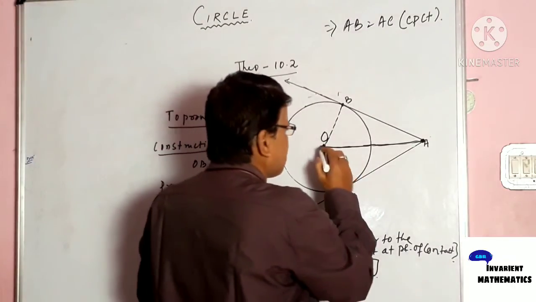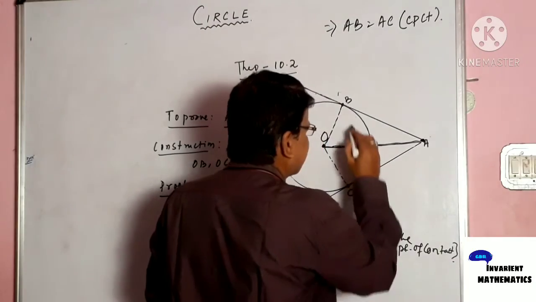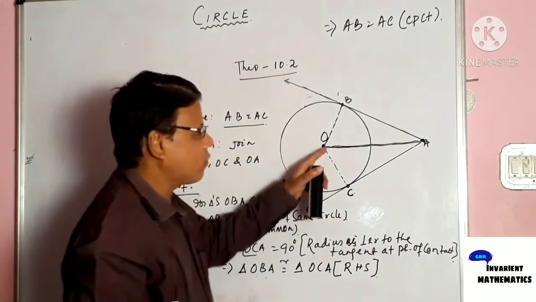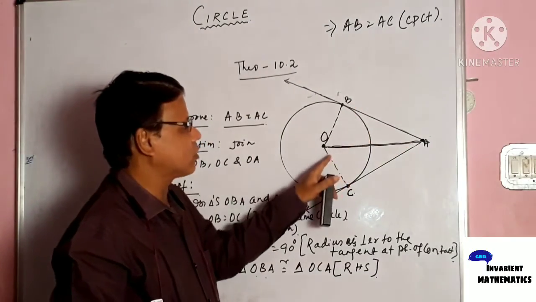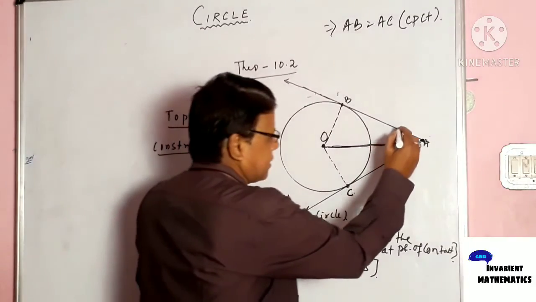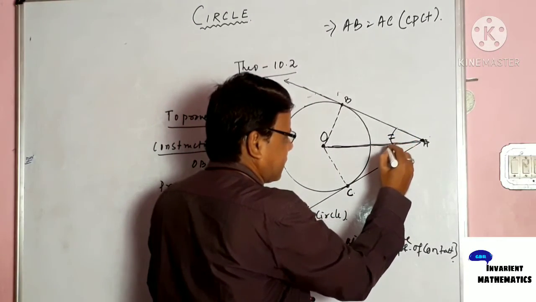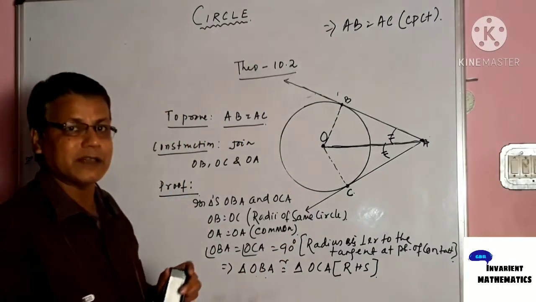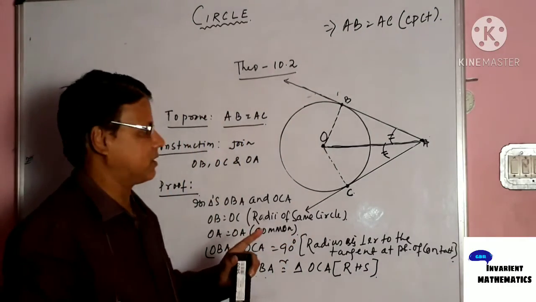That means OA bisects angle BAC. So angle OAB is equal to angle OAC, as the two triangles are congruent.